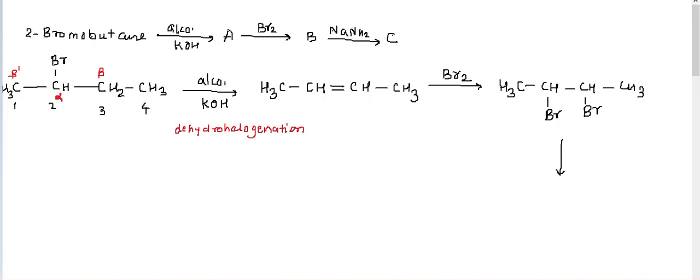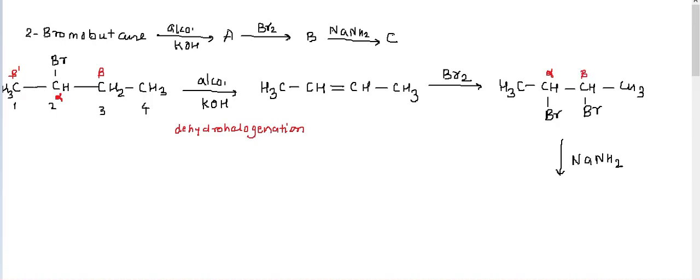Now we have to treat this with NaNH2. NaNH2 means sodamide, which is used for elimination reactions. Sodamide is a stronger base. Halogen is attached to this carbon, so this is the alpha carbon, and this carbon next to it is the beta carbon.